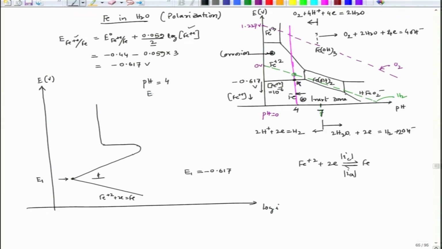So, E equilibrium of hydrogen would be minus 0.059 into 4, considering that the hydrogen gas partial pressure is maintained at 1 atmosphere. Somewhere it will cut. This cut point corresponds to this point. That means when metal is dissolving at a lower potential, this is the point where hydrogen evolution happens.